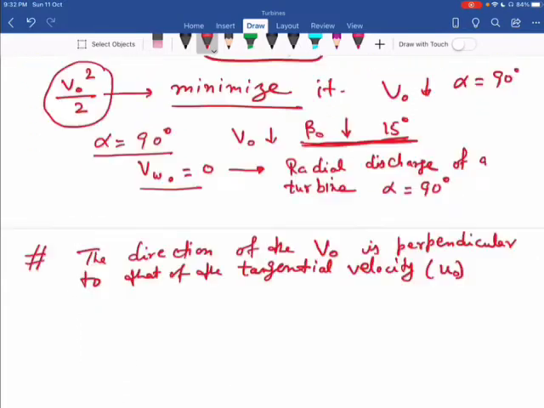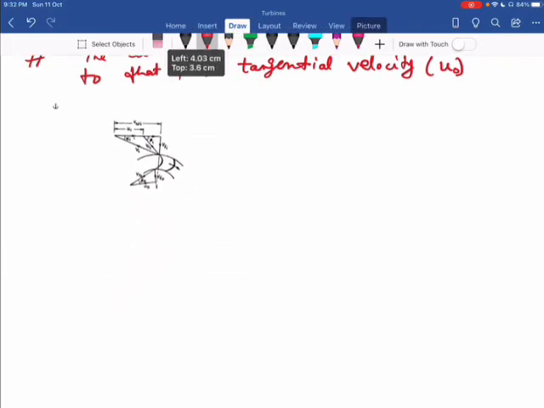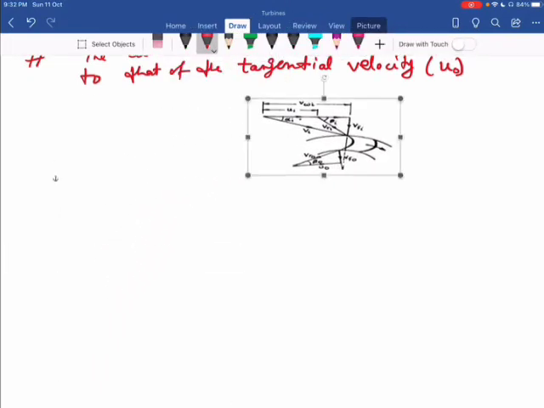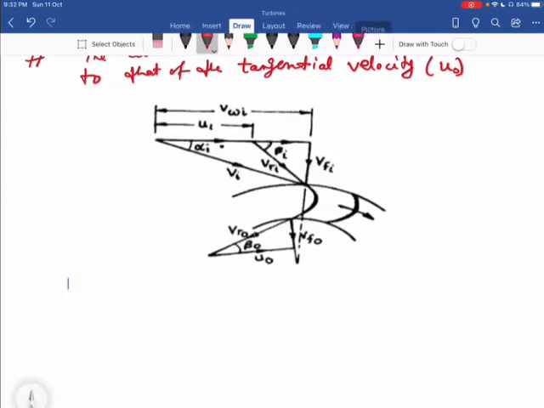Now we see the complete velocity triangle. The first one, you can see here, is the velocity triangle for the range of specific speed NS equal to 50 to 100. That is for a slow runner.